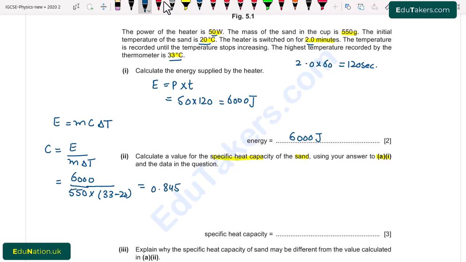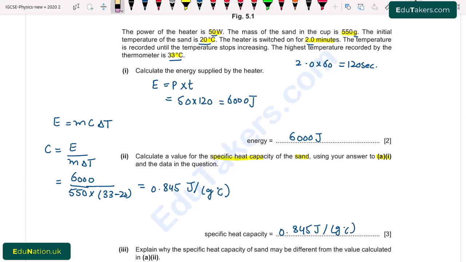Its unit is joule per gram and degree C, as the mass is given in gram. We have to be very careful about its unit. So specific heat capacity comes to be 0.845 joule per gram degree C.